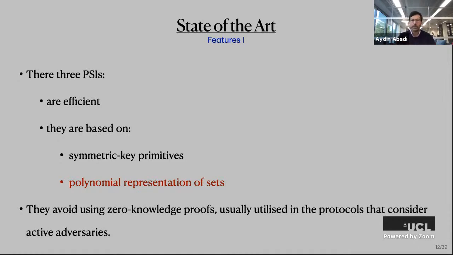I'm going to explain what it means. And they don't use any kind of public key operation or primitives, such as zero-knowledge proofs that are usually used in secure multi-party computation protocols in the setting where we have got active adversaries.